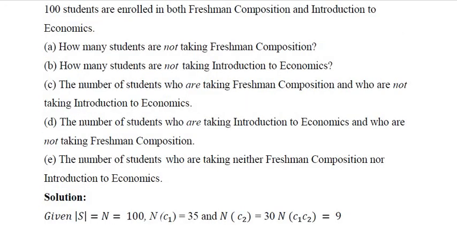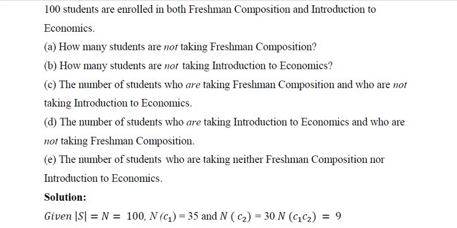Now the questions are: how many students are not taking freshman composition? Second question, how many students are not taking Introduction to Economics? The number of students who are taking freshman composition and who are not taking Introduction to Economics. The number of students who are taking Introduction to Economics and who are not taking freshman composition. And the last question, the number of students who are taking neither freshman composition nor Introduction to Economics.